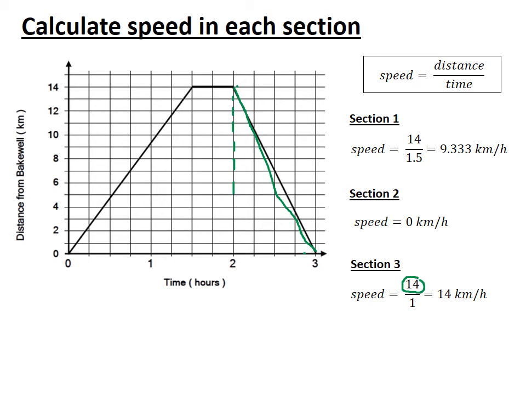We can see that it started at 2 hours and got back to 0 at 3, so that took 1 hour. That's why we put 1 at the bottom here. 14 divided by 1 is 14, and the units are kilometers per hour. Kilometers are here, hours are here, so this speed will be measured in kilometers per hour.